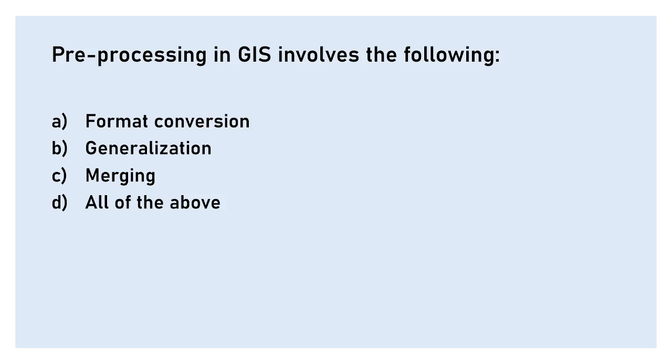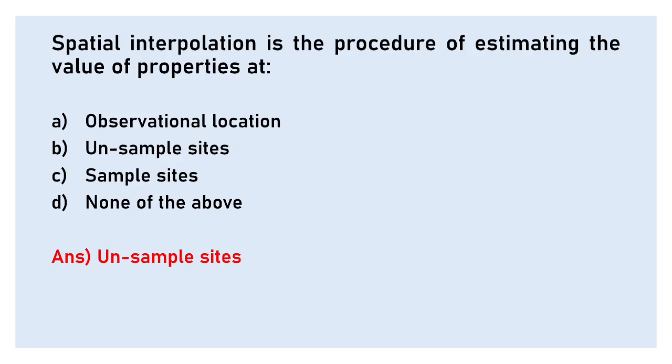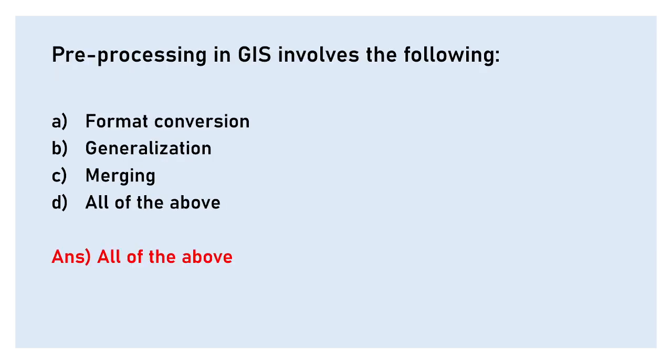Pre-processing in GIS involves the following. It involves format conversion, generalization, merging.